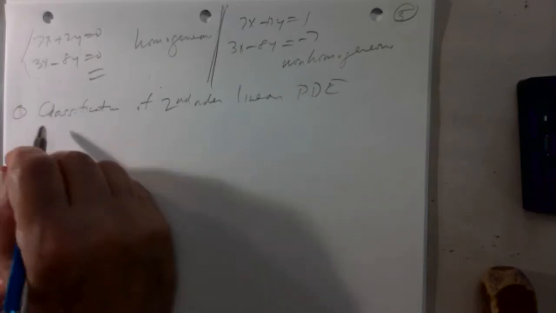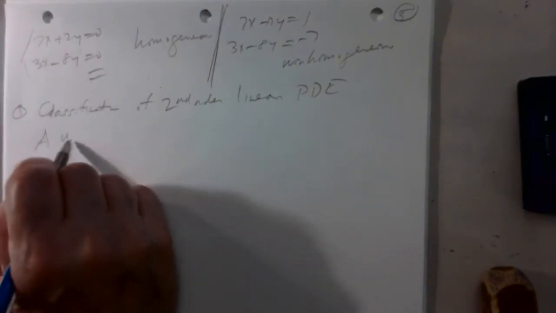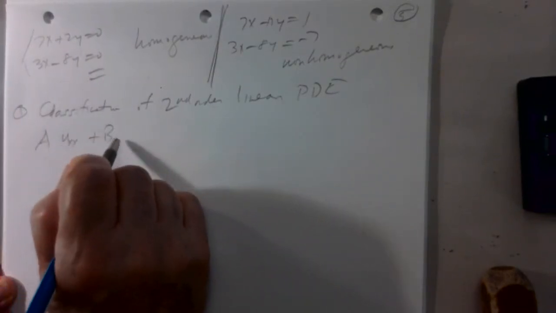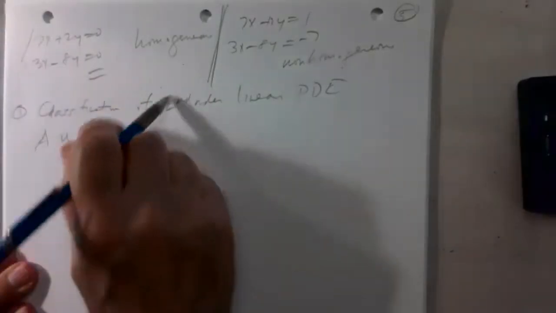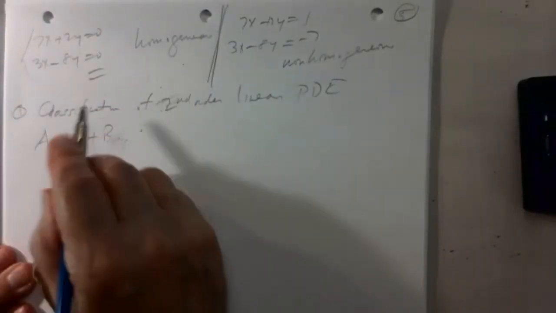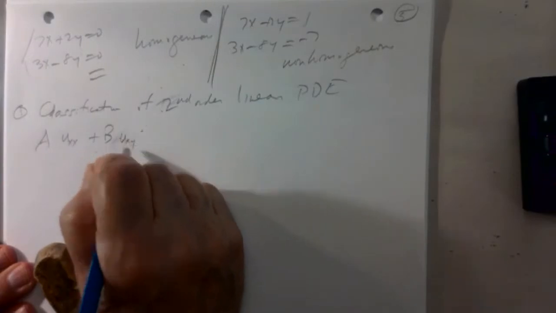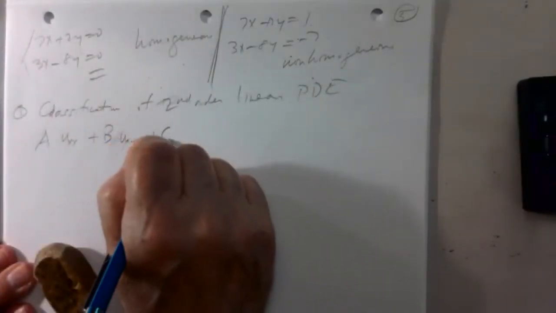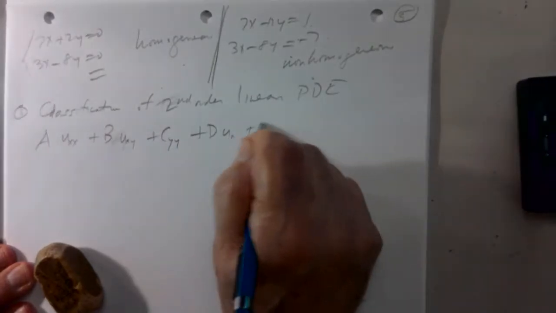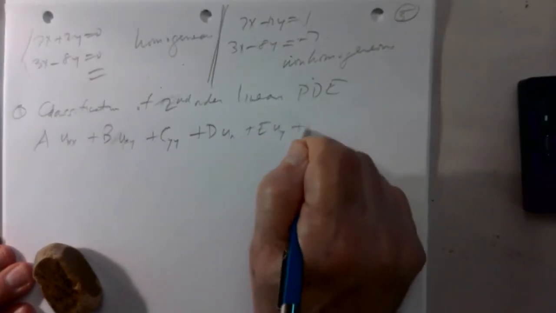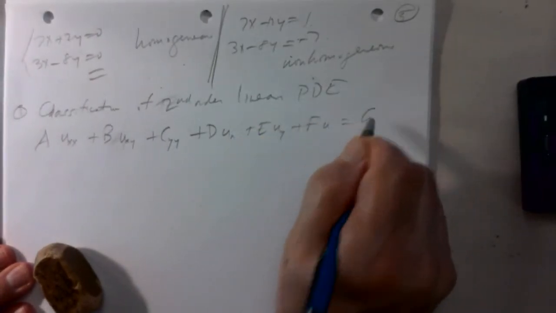You have an equation that looks like a uxx plus b uxy plus c uyy plus d ux plus e uy plus f times u equals g. A, b, and c are functions, not necessarily constants.